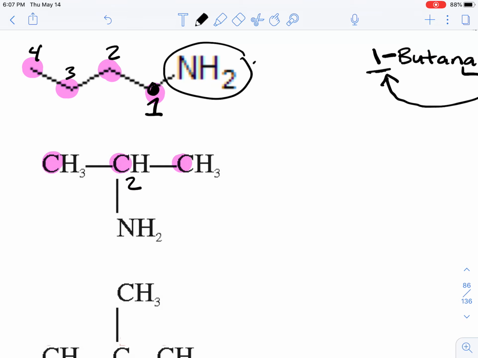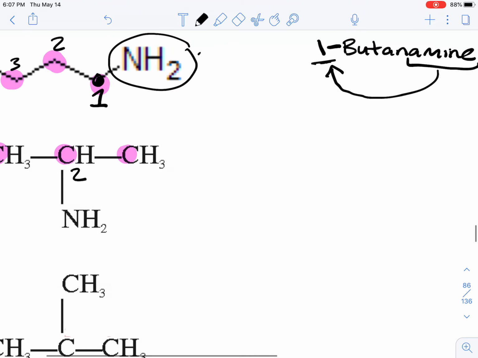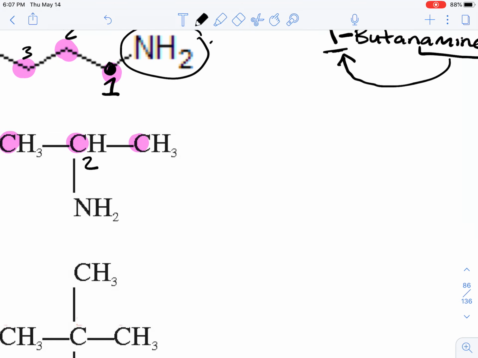And so since this is carbon number 2, we're going to first name the parent chain. I apologize, part of me just wants to name it, but I have to work it out step by step. So here I have propane, drop my E, add amine, and so what I get is propanamine.